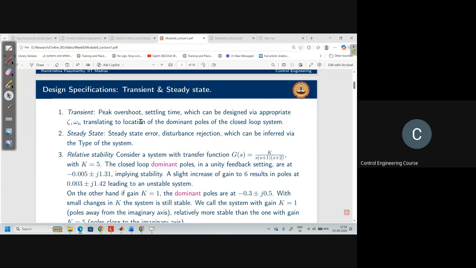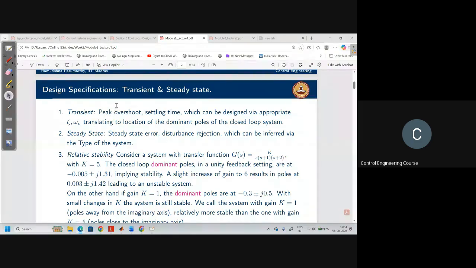So we have to modify it to meet our desired specifications. For every problem we will be given some design specifications. Mostly the design specifications are transient response and steady state characteristics.